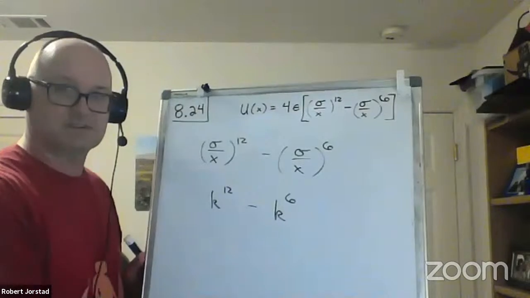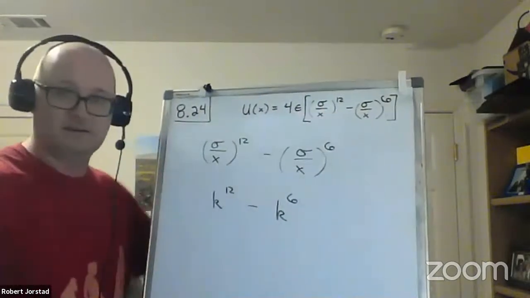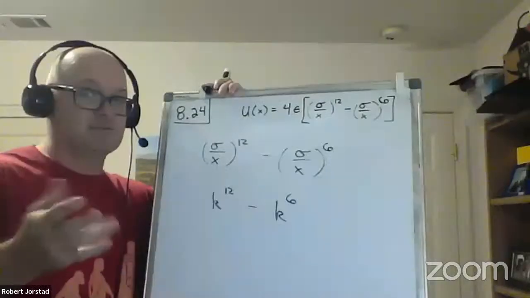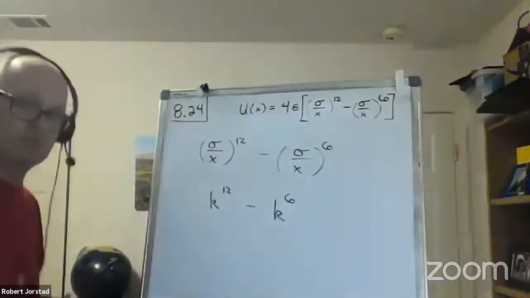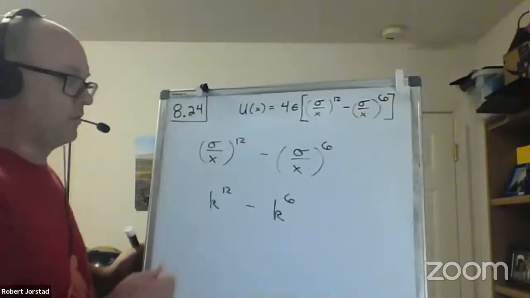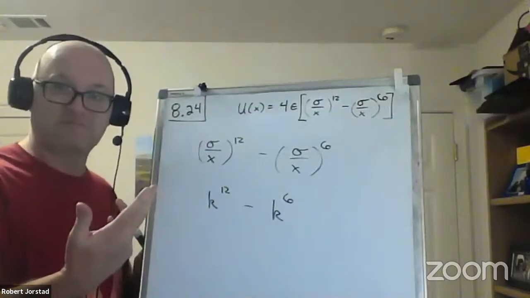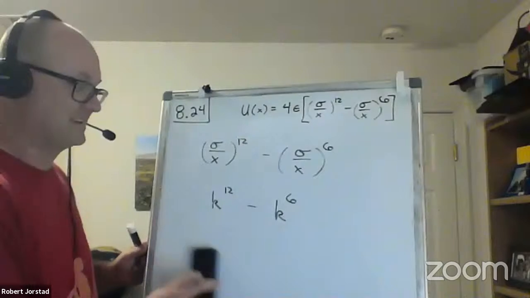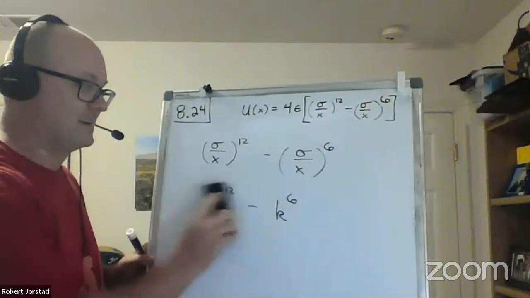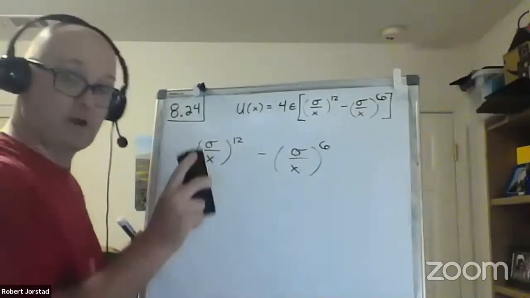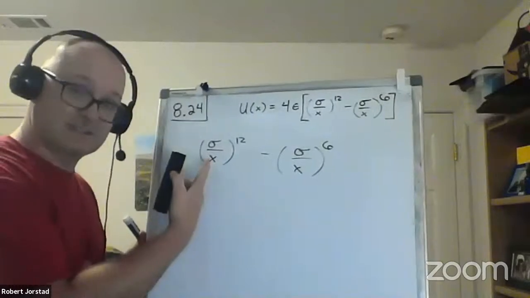What has to be the units of everything inside here? No units, which is like radians, which is what you were saying. So what has to be the units of sigma? The units of sigma over x has to be no units.